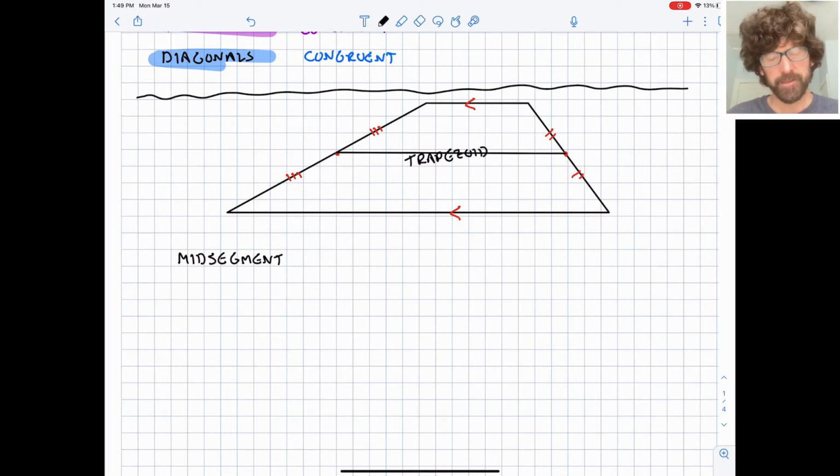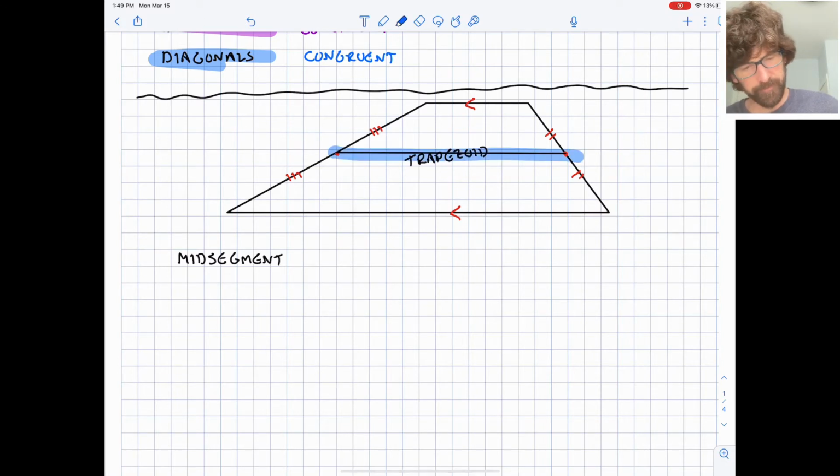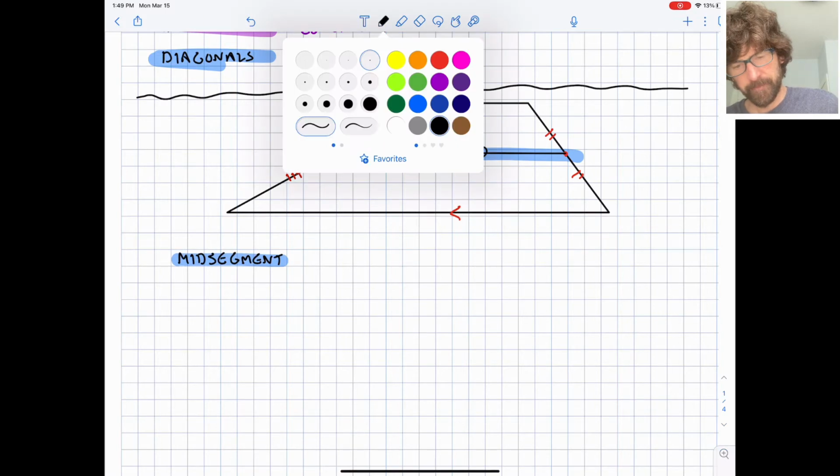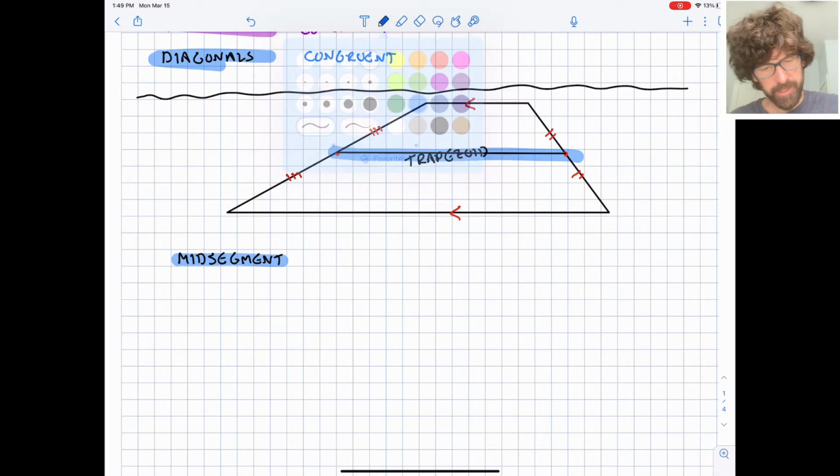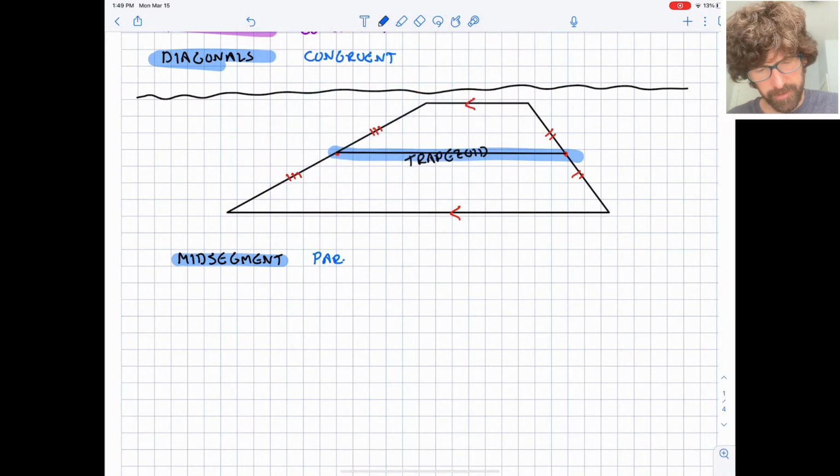Okay, so that's the mid-segment of the trapezoid. And what might be true about that mid-segment? The mid-segment is going to be parallel to the bases.